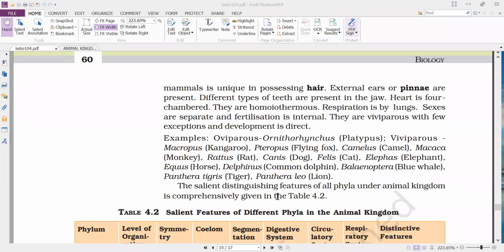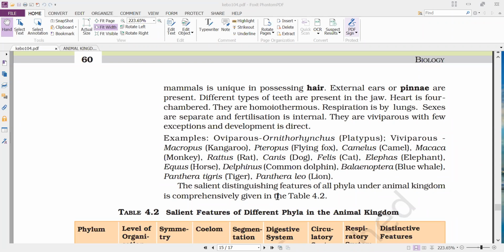And next the segmentation, that is metamerism or metameric segmentation. And next notochord. And next some phyla, that is Porifera, Coelenterata, and Ctenophora.